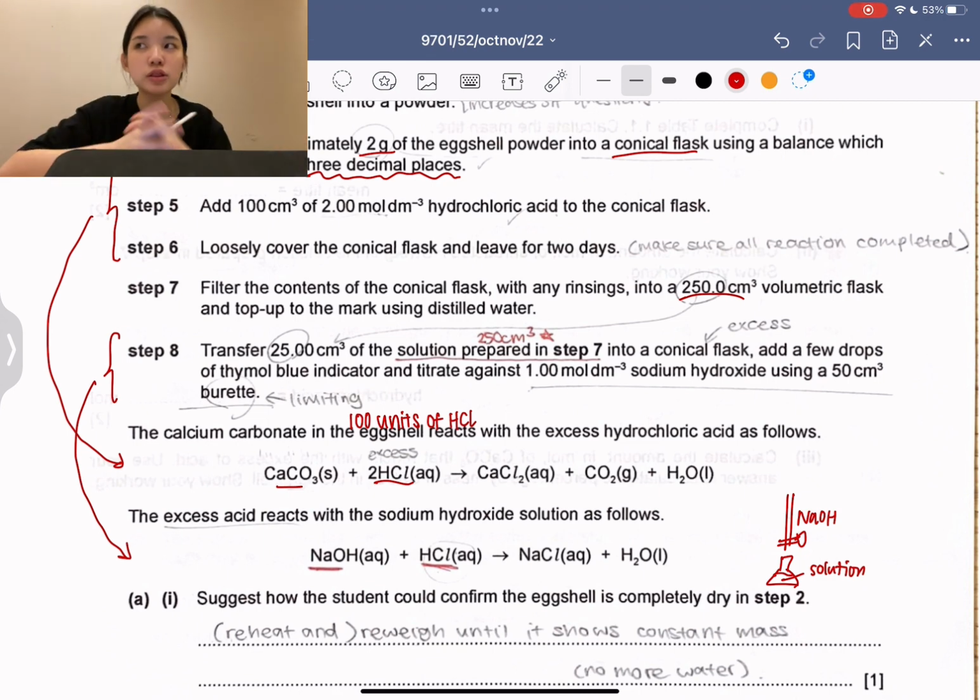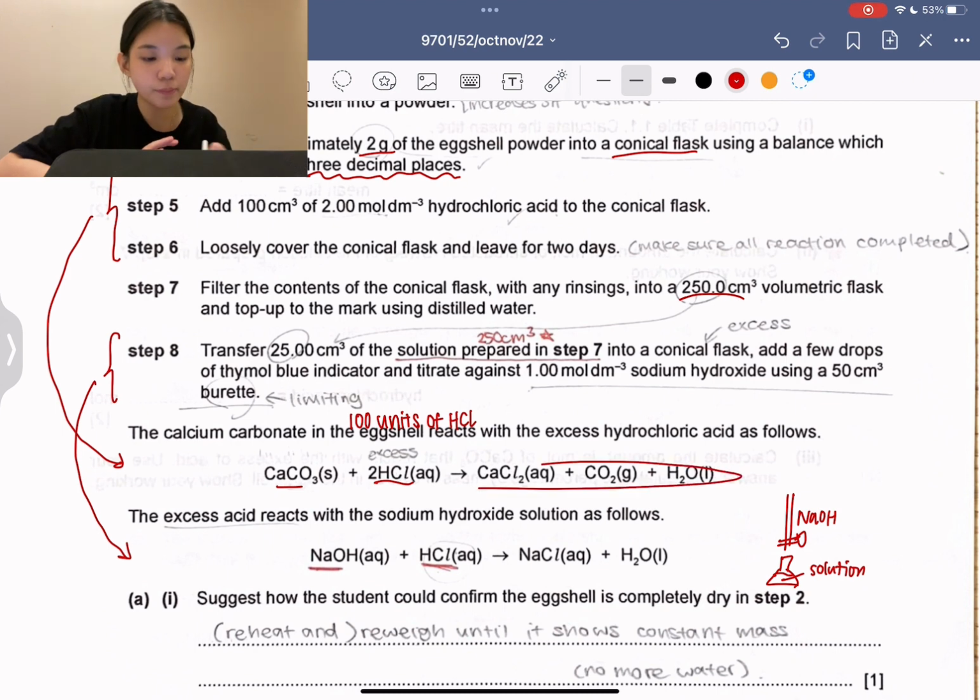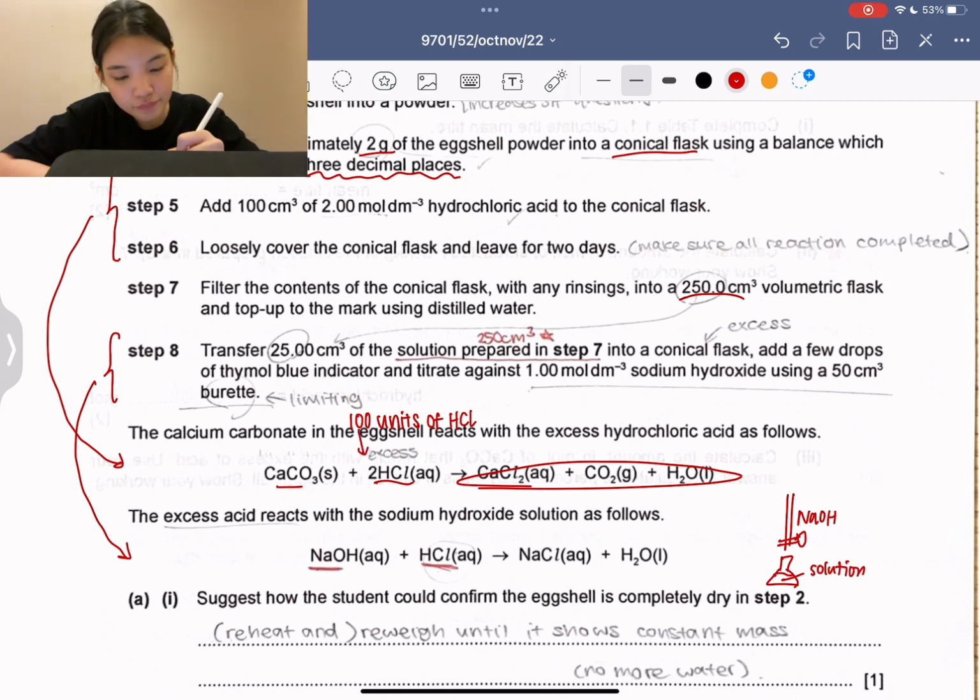Then they react, but not all the HCl reacts with the CaCO3. For example, only 25 units of the HCl actually reacts with CaCO3 to form this, okay? So only 25 units react and 75 units of HCl is unreacted.